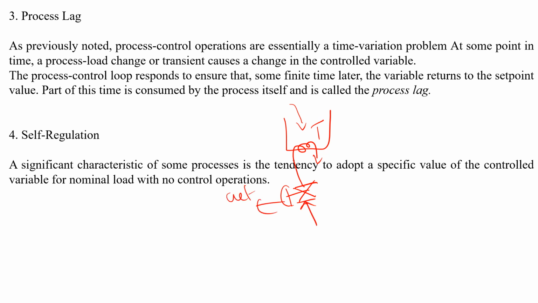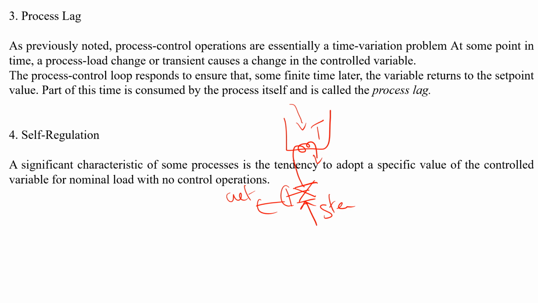We all know that if you suddenly switch on the heater, the heat we expect will not arrive in a minute, because the process itself has some laggingness. That is called process lag. Even though you apply a control system, there is a delay.